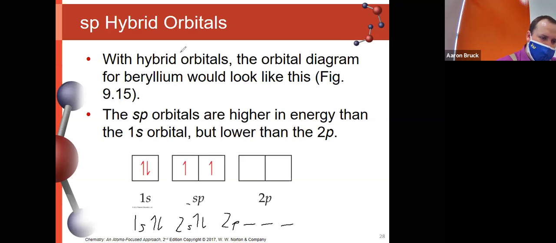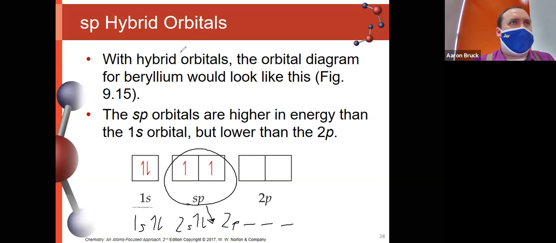Hybridization sticks right in between s and p in terms of energy. Integrating that p orbital into the s is going to raise the energy of the s. Integrating the s orbital into the p sublevel would lower the energy of the p sublevel. So they exist right in between the two. But in going through that hybridization process, we can see that we now have the capability of doing that direct overlap bonding.